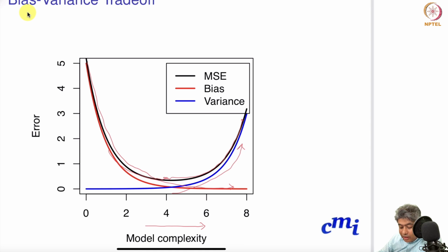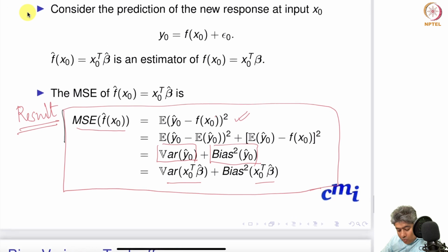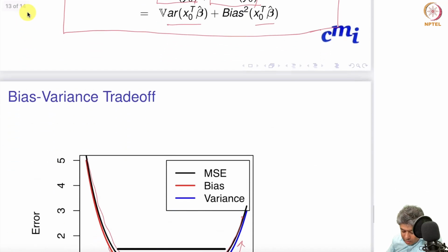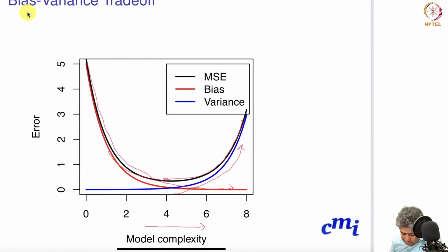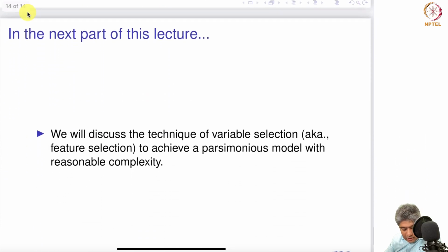So instead of trying to minimize bias and variance together, we try to minimize the mean square error. Perhaps this is the parsimonious model where we want to stop. We don't want to increase the model complexity any further. This is typically how model training happens.